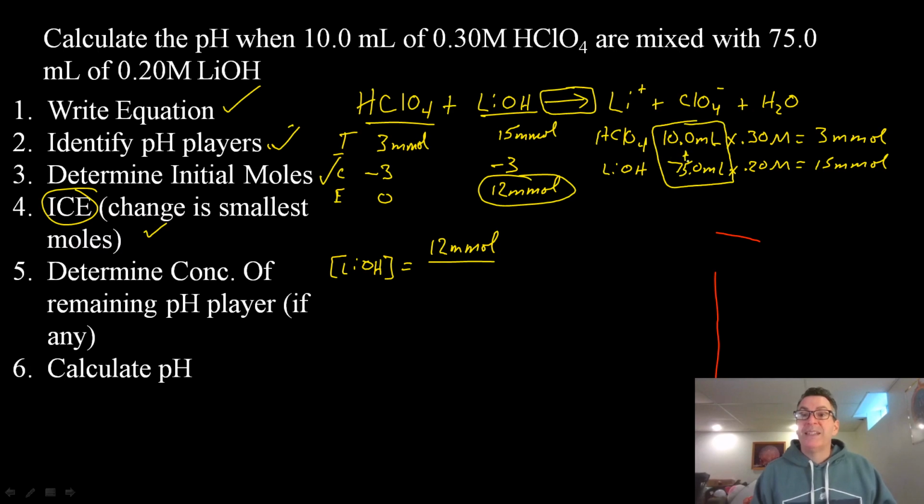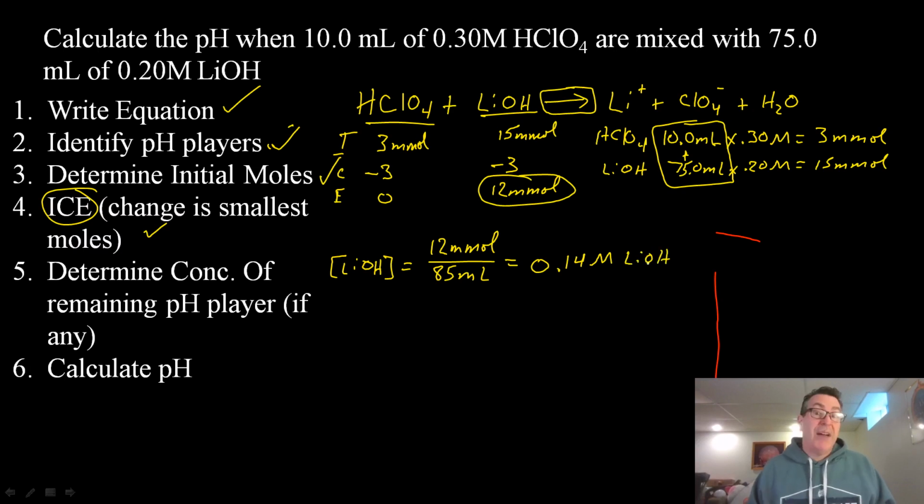All we need to do is add the 10 and the 75 together. That gets us 85 milliliters. So the 12 millimoles that we have left over that didn't react are now in 85 milliliters of solution. And I did this a little bit earlier. That gives us 0.14 moles per liter of lithium hydroxide.